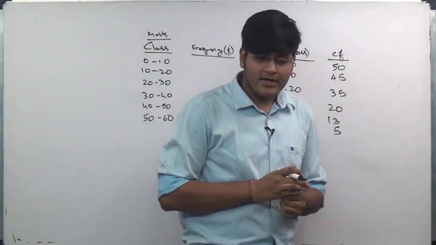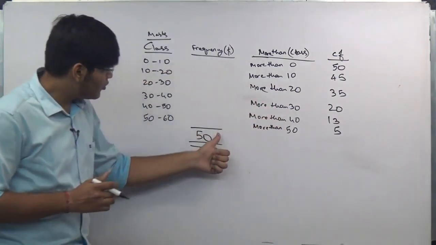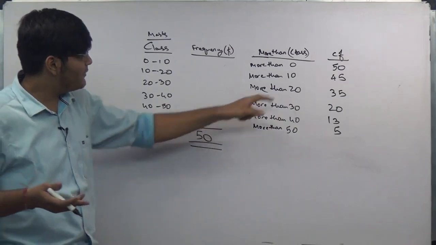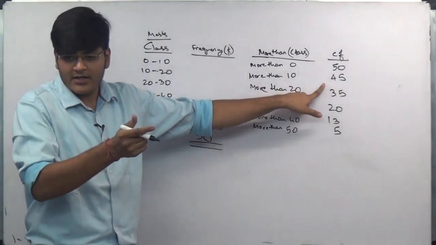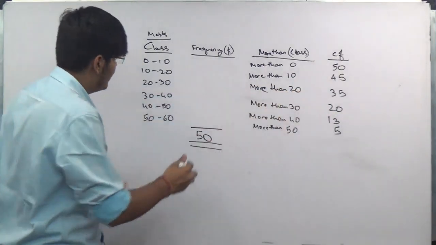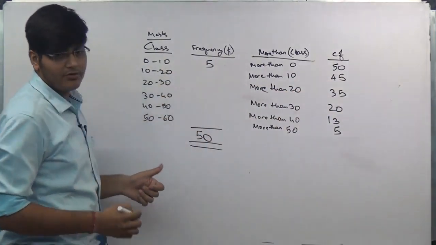So if we subtract from the total number of people all the people who have scored above 10, we get people who have scored from 0 to 10. 50 minus 45 will give us 5. It becomes 0 to 10.